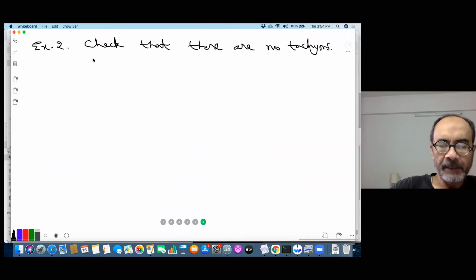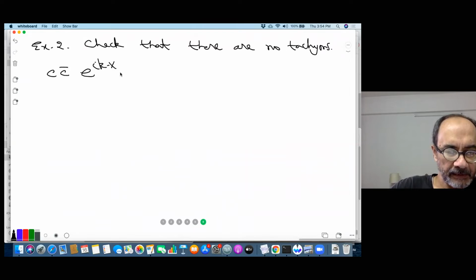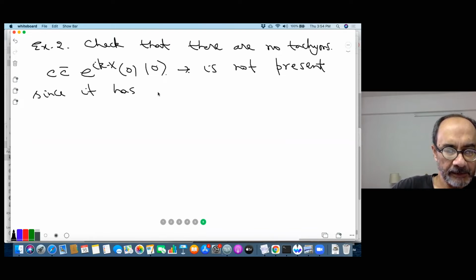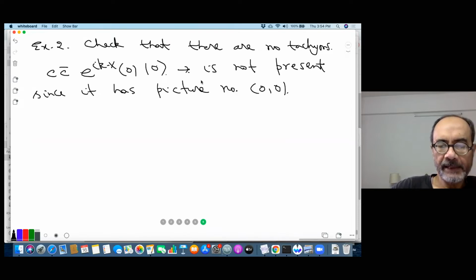For example, in the case of bosonic string theory, we had this state, c bar e to the i k dot x of 0 on the vacuum. This one is not present, since it has picture number 0, whereas the string state should have picture number -1 in the Neveu-Schwarz sector.